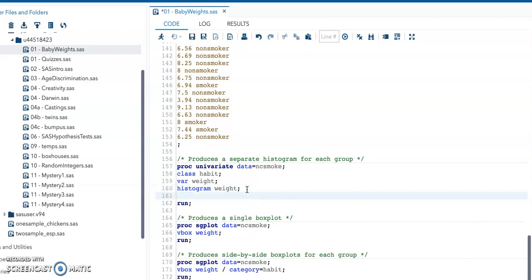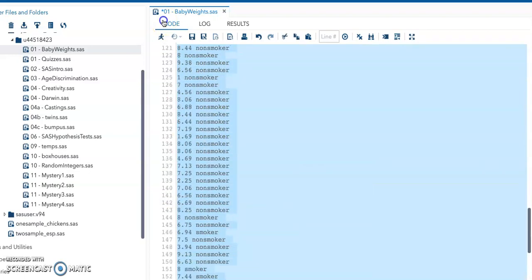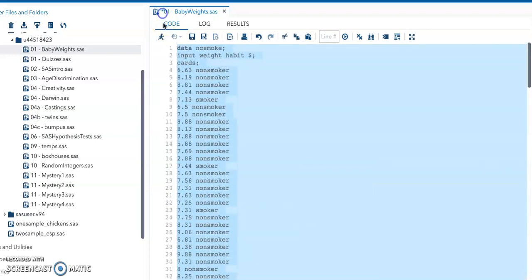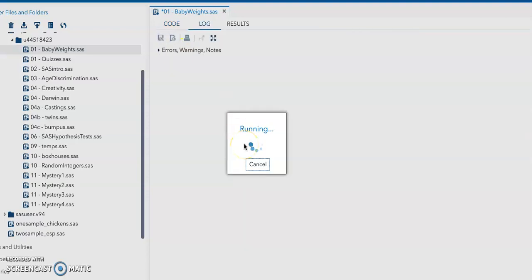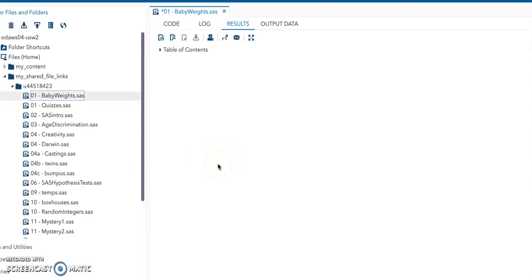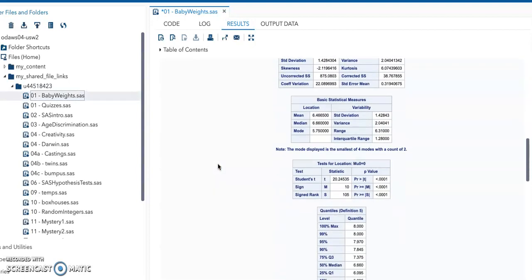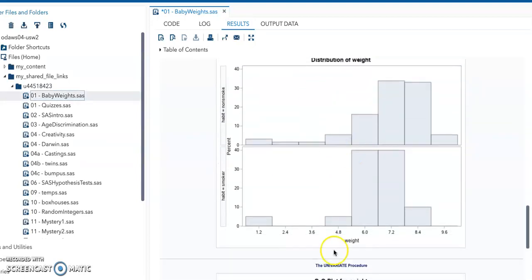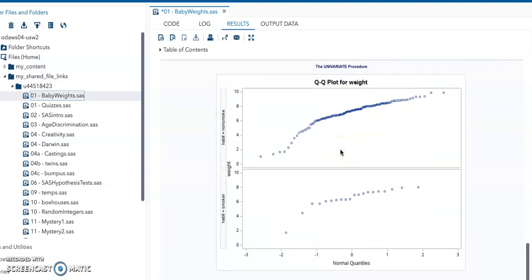Right under histogram, I'm just going to add QQ plot and weight. Let's run this code and see what it does. Hopefully, when it pops up, we are going to scroll down and have some histograms of the baby weights, and we're also going to have some QQ plots of the baby weights.